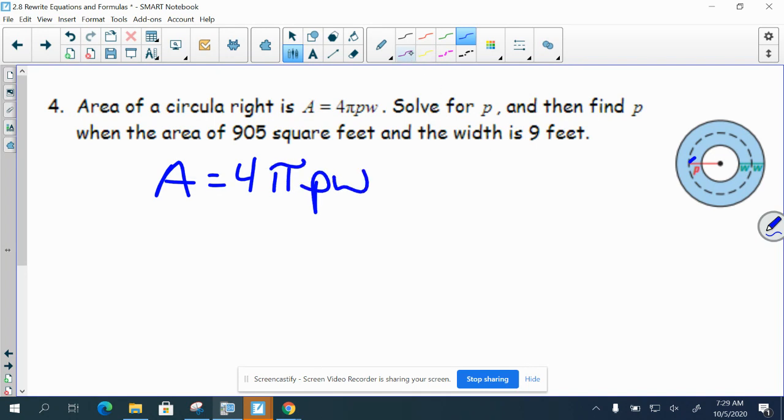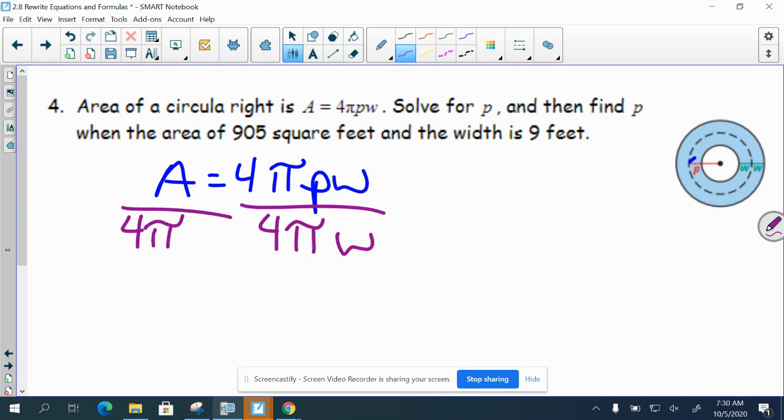Okay, in order to do this, we have p here. P is being multiplied by 4 pi and w. So in order to get p by itself, we have to do the opposite of multiplying by 4 pi w, which is divide by 4 pi w. So it might seem a little strange. We're going to divide by 4 pi w on both sides.